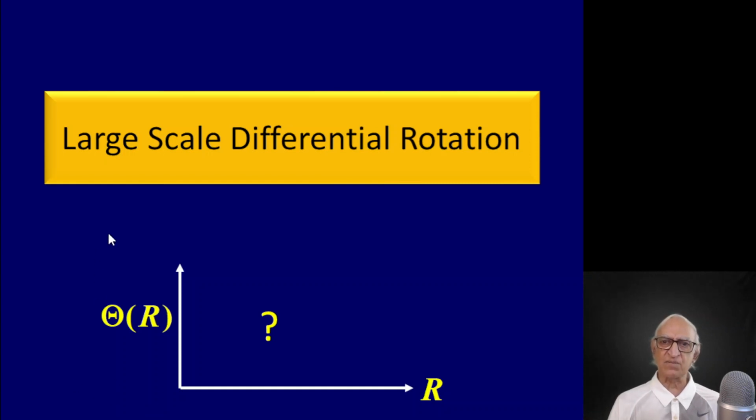Now we want to determine the large-scale differential rotation of the galaxy. What we really would like is the law that relates the angular velocity or the circular velocity theta of r as a function of the distance from the center of the galaxy. That will give us the law of rotation of the galaxy. How do we determine this?